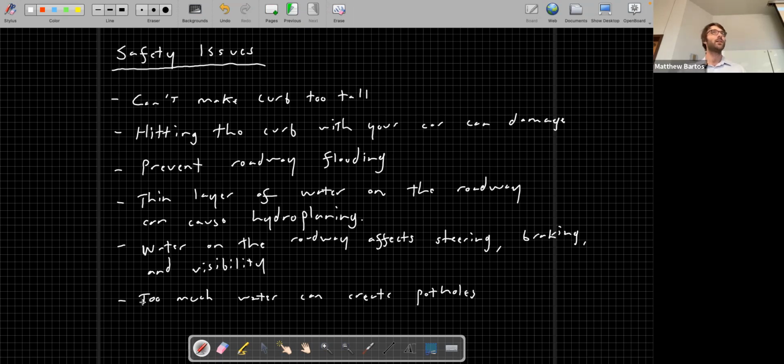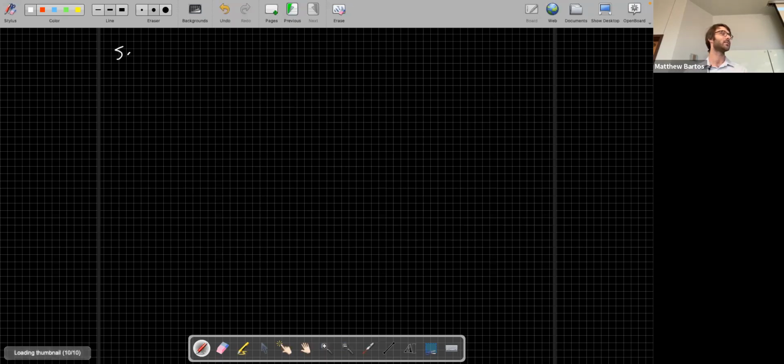Are there any other ideas for safety issues related to curb and gutter design? Maybe with respect to the design of the curbs and gutters themselves. Can anyone think of any safety issues associated with their design? If the curb inlet is too big, like a hole, I would imagine it's pretty easy for a small child to fall into it.